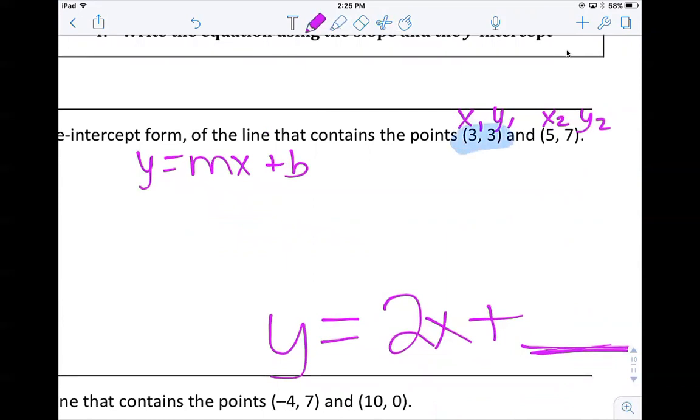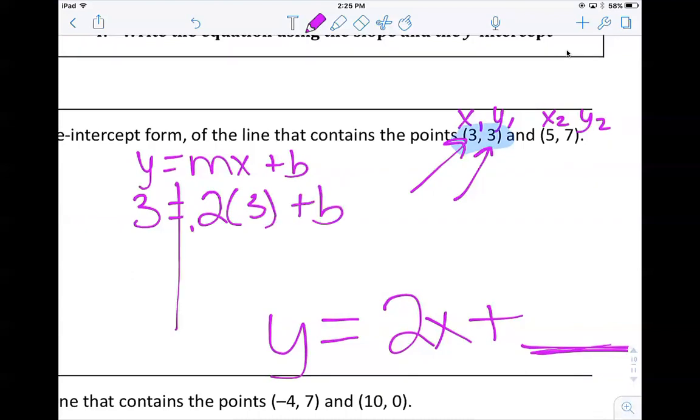So instead of a y, I'm going to plug in my y, which is 3. My m is 2, and my x is 3. And now we're solving for b. So we will multiply 2 times 3 together to get 6. So, we have 3 equals 6 plus b.